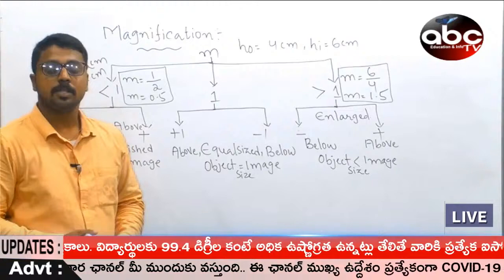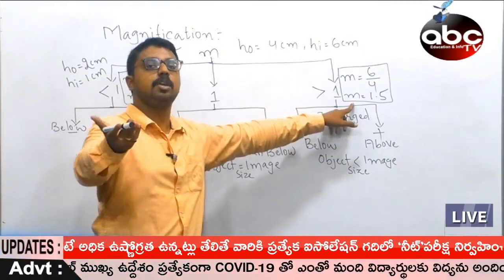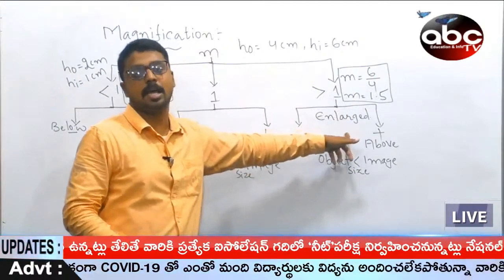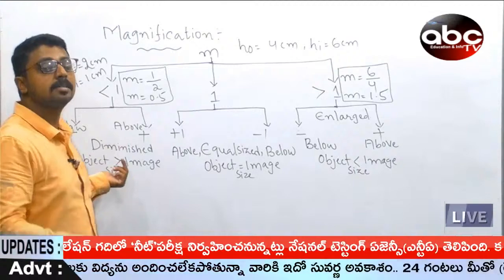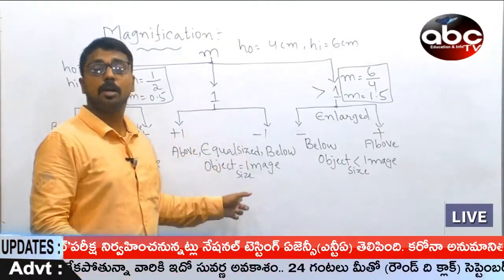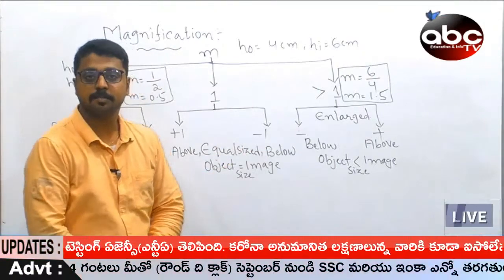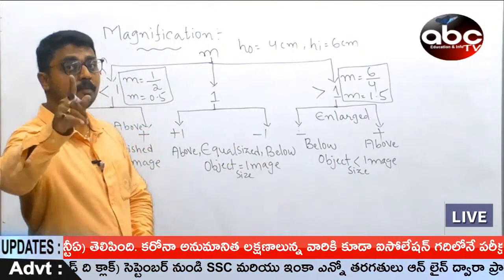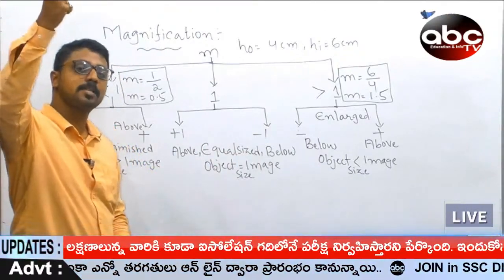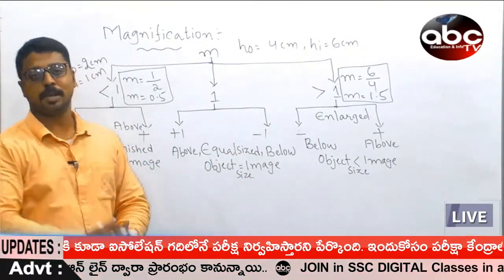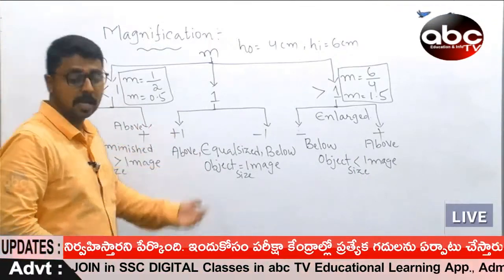That is simple. If it is 1.5, naturally you can say it's enlarged. If it is less than 1, automatically you can say it is diminished. If it is equal to 1, you can frankly say it's of equal size. And do not forget the plus and minus: plus above the principal axis, minus below the principal axis. Okay, now we will be moving on to the next.